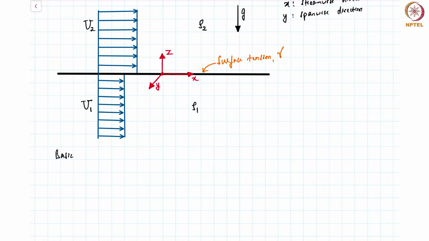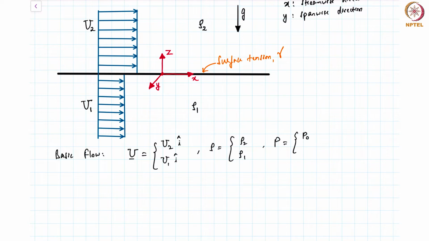Base state or basic flow is the following. I have the velocity u as u2 i cap and u1 i cap, the density ρ2 and ρ1, and the pressure P is some P naught minus ρ2 gz and P naught minus ρ1 gz.